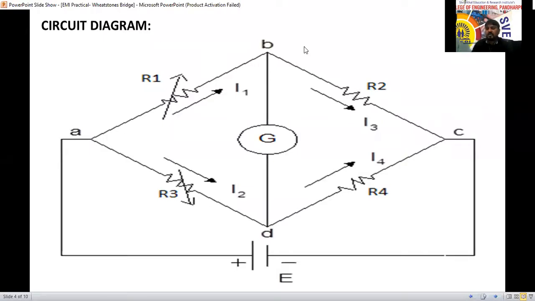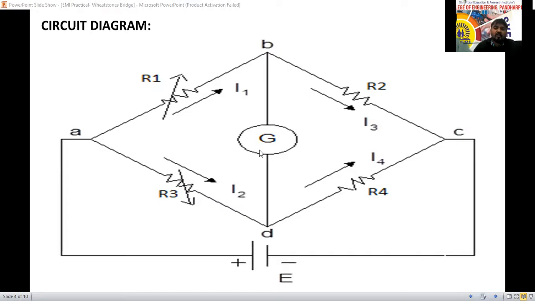The sensitive detector is what we call the galvanometer. If the bridge is not balanced, the galvanometer will deflect. If the bridge is in balanced condition, no current will flow through the galvanometer, so it will act as an open circuit.